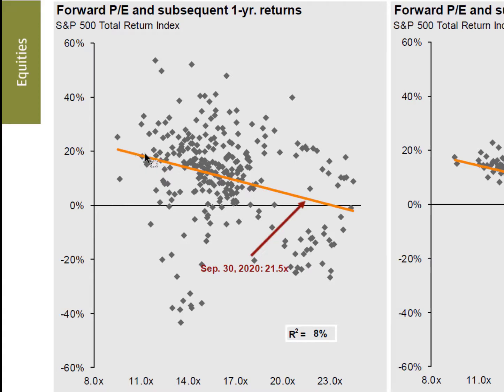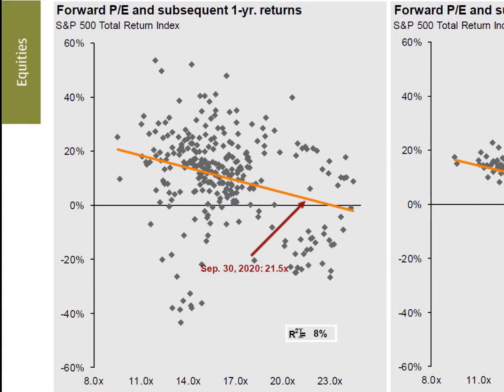That's Warren Buffett's strategy. It's worked really well for him. So here we are at 21.5, and what this regression would say is, returns aren't so great. But in any one year, it looks like we could get really bad returns or some really great returns, right?